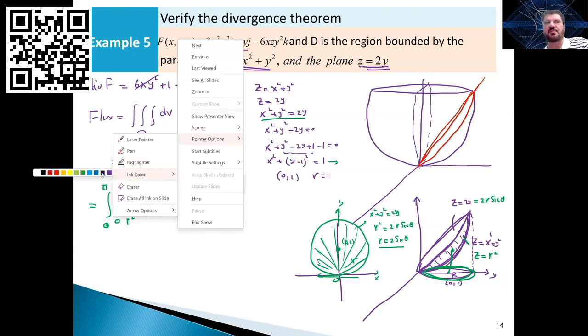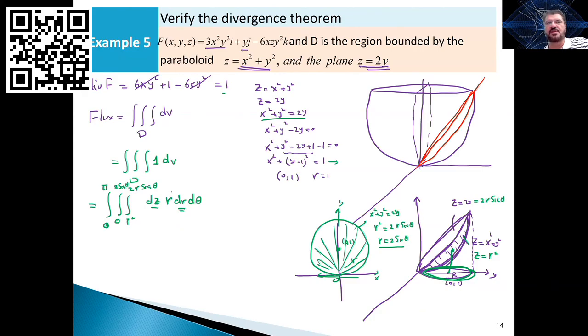Now we start from inside. We start with dz, actually. So this is equal to integration from 0 to pi, integration from 0 to 2 sine theta. The integration of z dz is z, and then we say from r squared to 2r sine theta, and then r dr d theta.